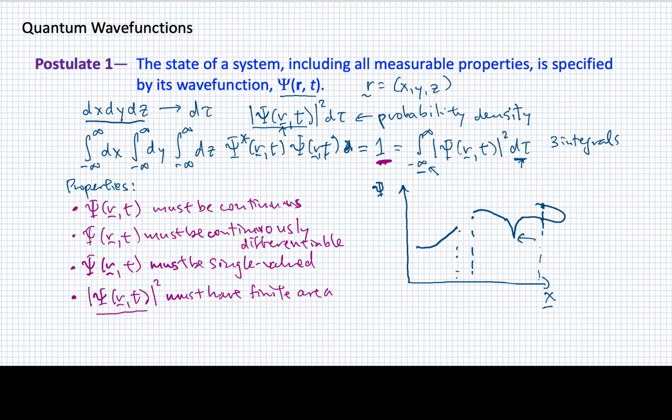Now, these wave functions, I've drawn this specifically as a function of coordinate and time. Okay, coordinate r, time t. This is not the only way that we can represent wave functions. We can represent them in lots of different ways. Okay, so in this case, it's a function of r. It turns out we could also represent it as a function of momentum instead.